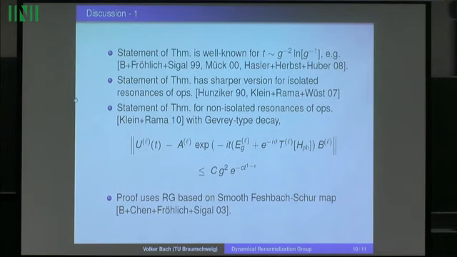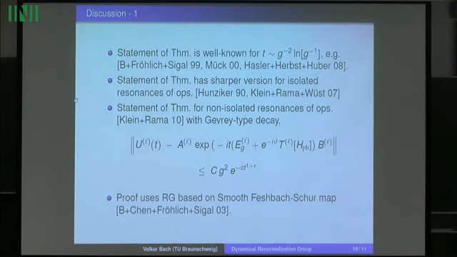Okay, our proof uses the renormalization group based on the smooth Feshbach-Schur map. This approach was developed in Chen, Fröhlich, Siegel, and myself again some 15 years ago.